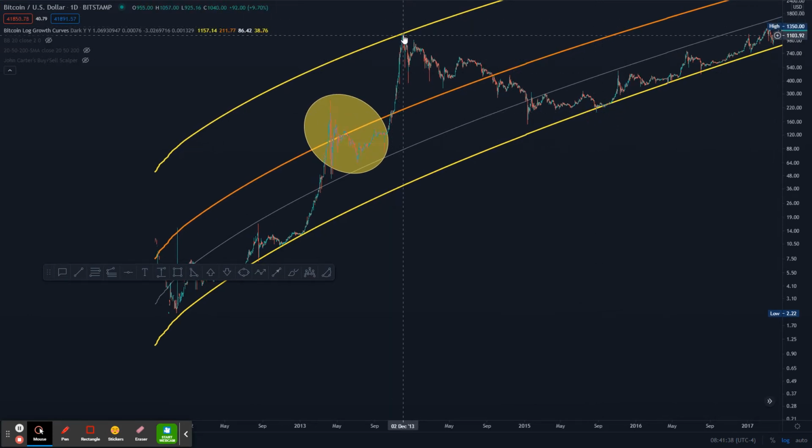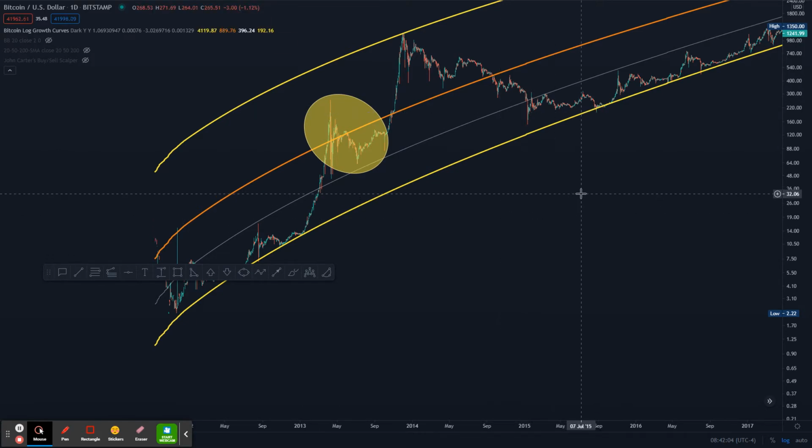So from December, let's just go ahead and say January of 2014, all the way to August 2015, we saw Bitcoin just plummet. Up here we were at about 1,350. And then we made our way down to $198.